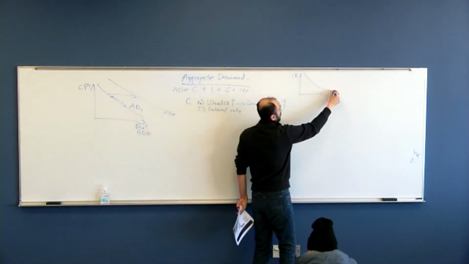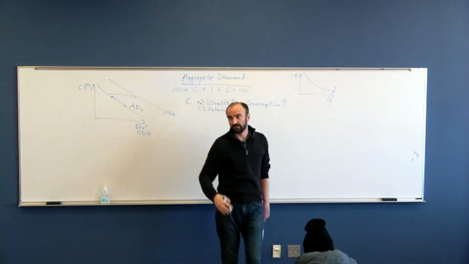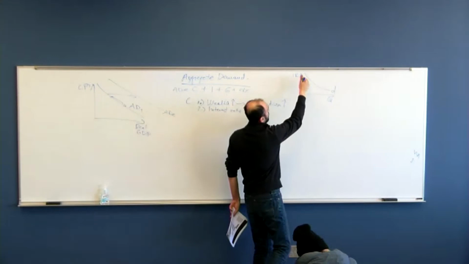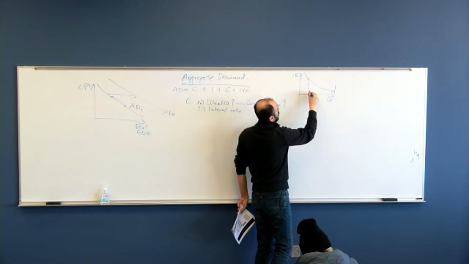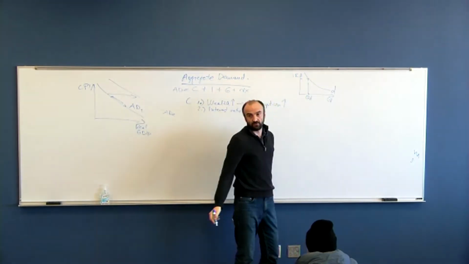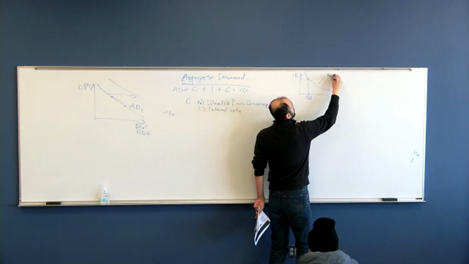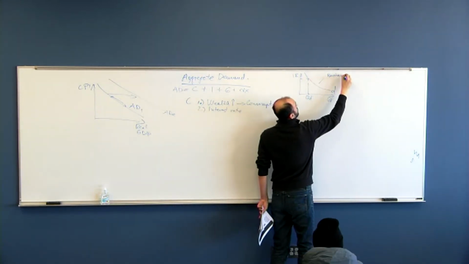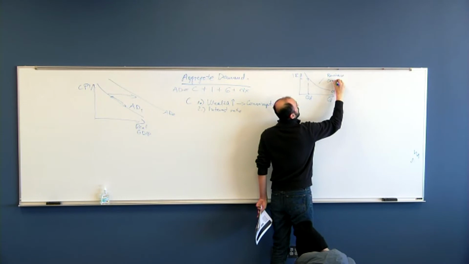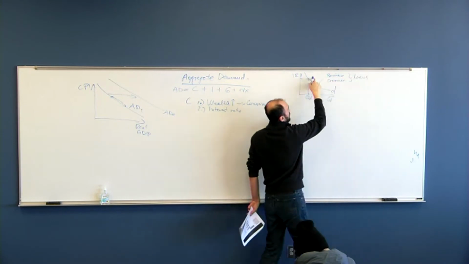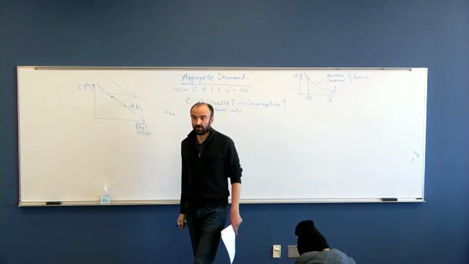So the demand curve for loans is downward sloping, which means that the higher the interest rate, the lower the demand for loans. For all loans, business loans and consumer loans. So this demand curve contains both.